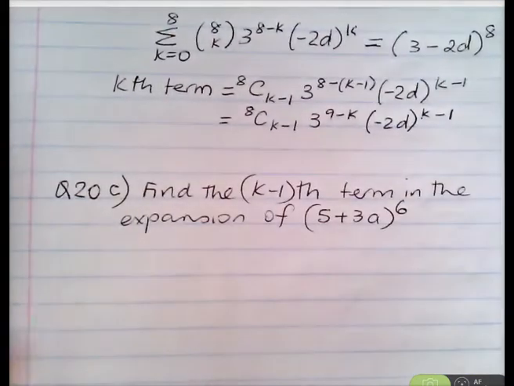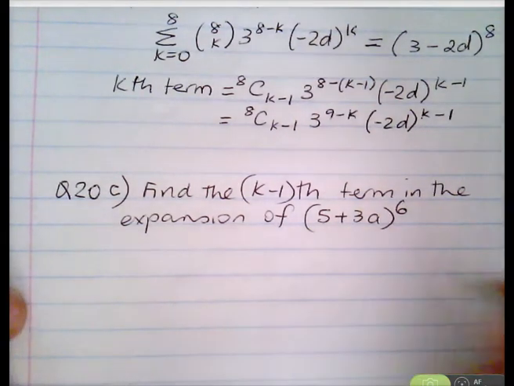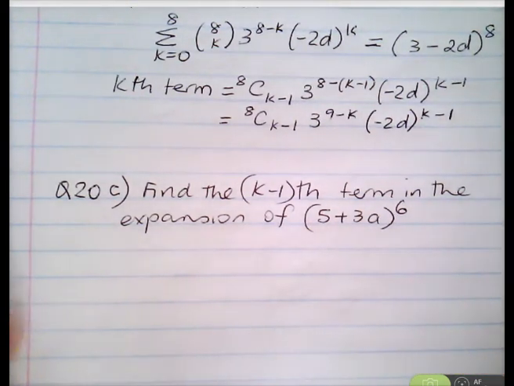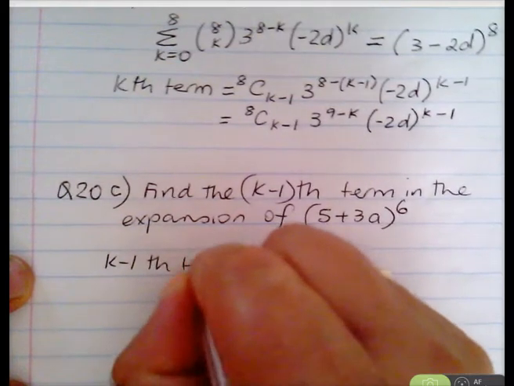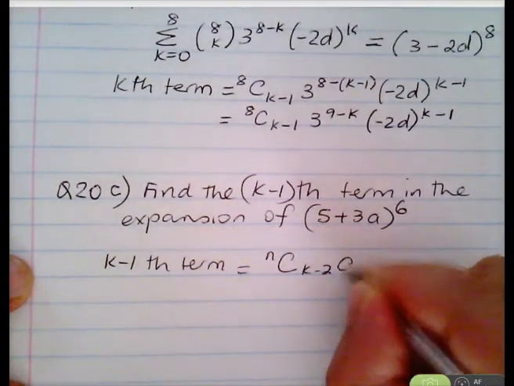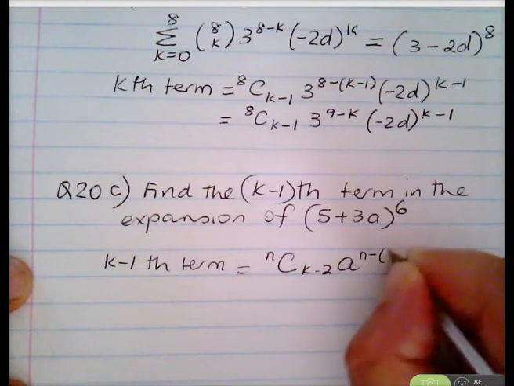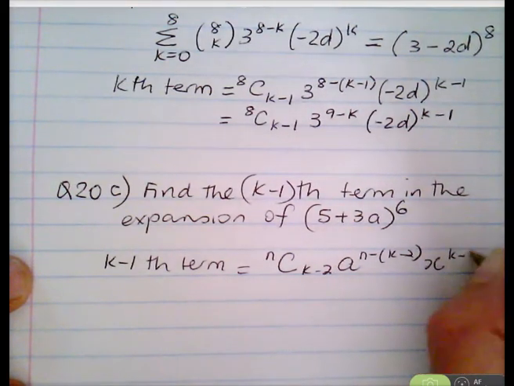Okay, and now in question 20c, find the (k minus 1)th term in this expansion. Now the (k minus 1)th term, remember we're looking for nC(k minus 2). So the (k minus 1)th term will be nC(k minus 2) a to the n minus (k minus 2), x to the k minus 2.